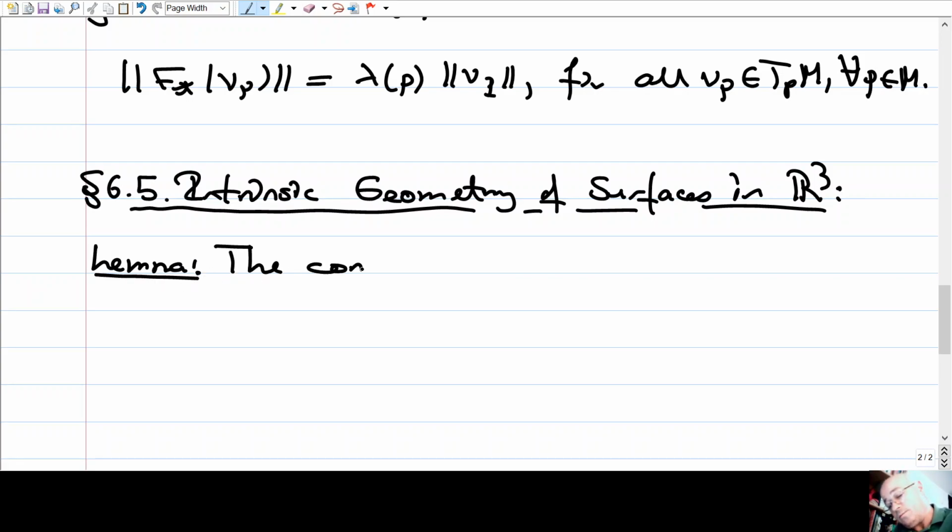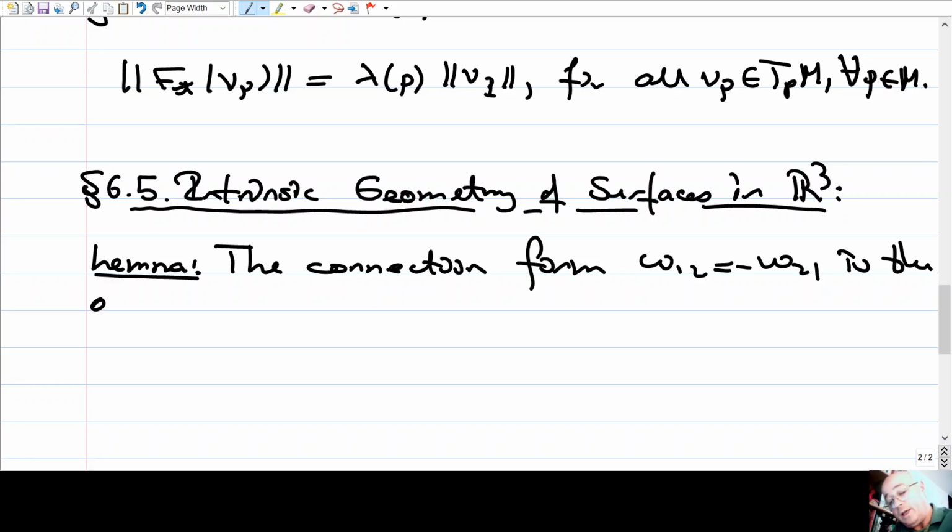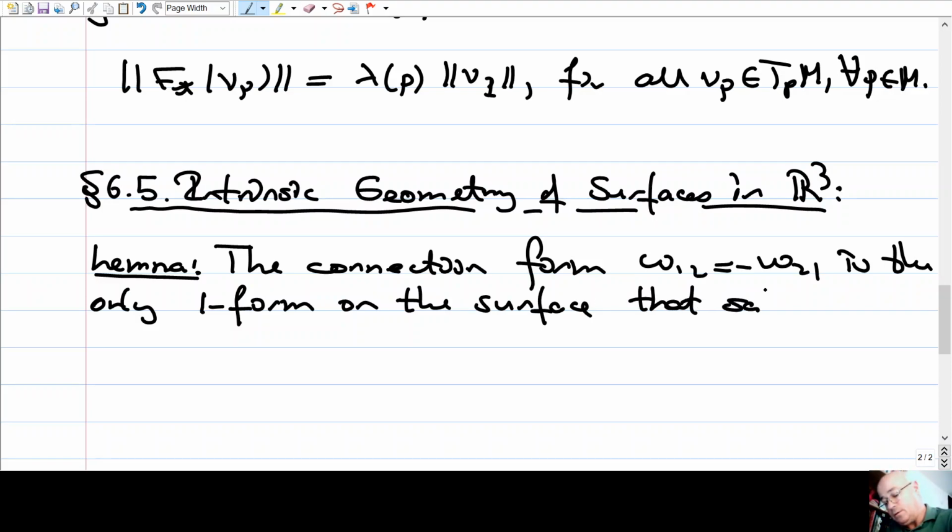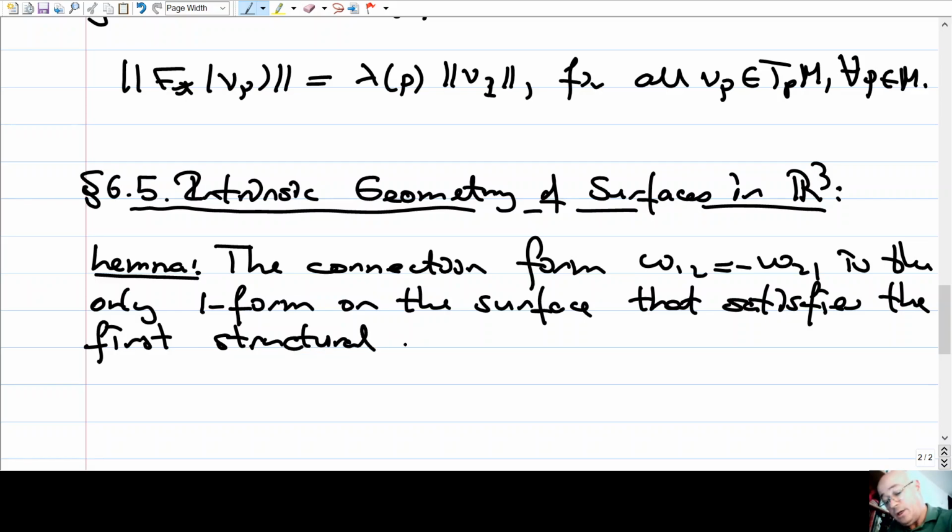The connection form omega 1 2, which is minus omega 2 1, is the only one form on the surface that satisfies the first structural equations.